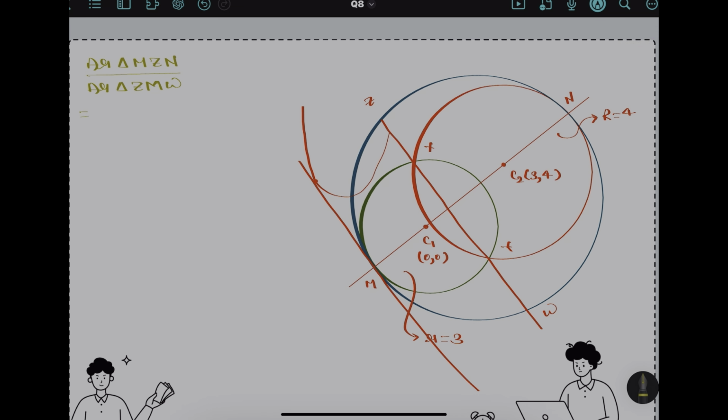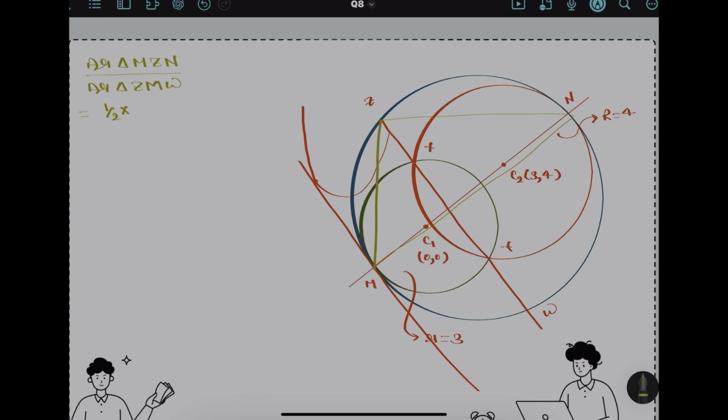You know that the area of a triangle is half base times height. Now ZMN, so M, N and Z. Look at your triangle. I hope your triangle is okay. It's not clear, but look at the triangle.